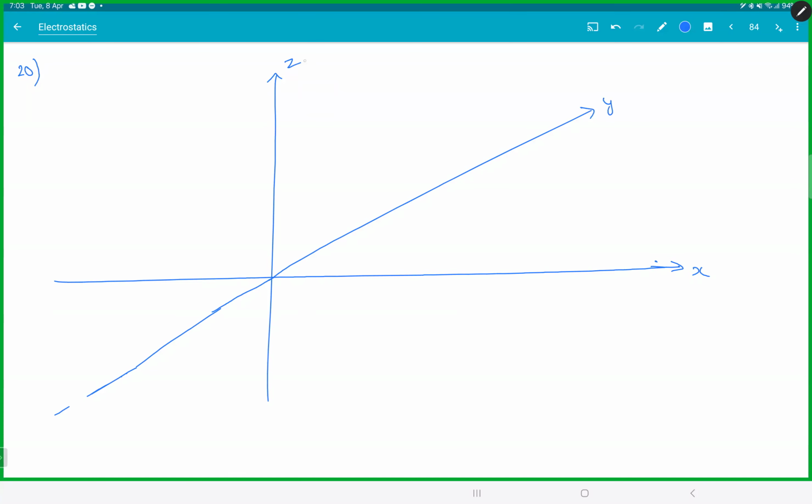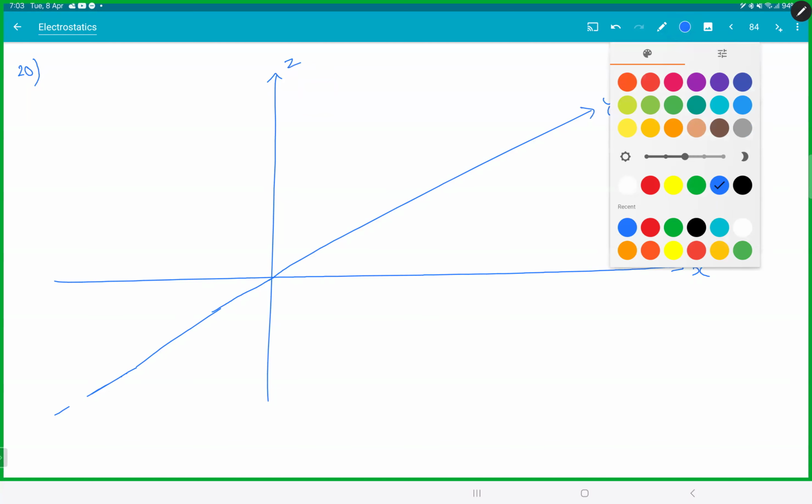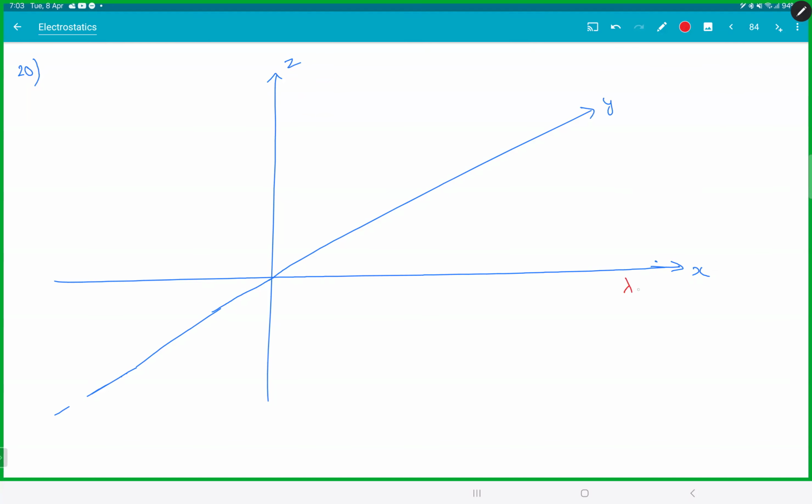Make this y and make this z. So let's say this thing is made of lambda 1. So we have an infinite line charge along x-axis, and let's say this is lambda 2 and this is lambda 3.